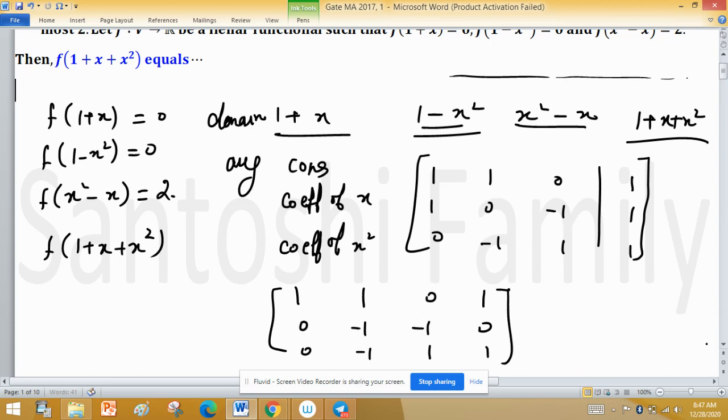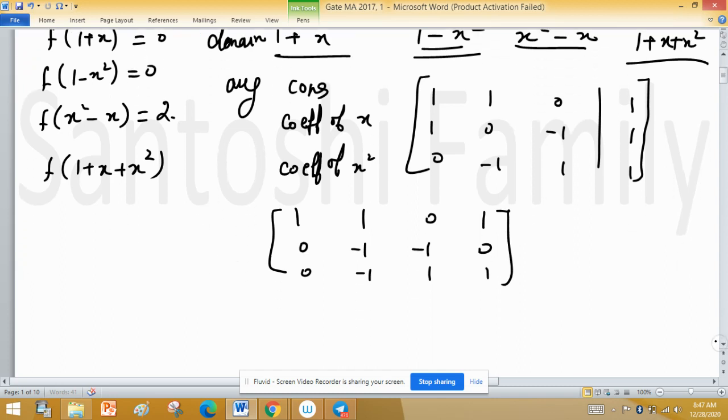Now apply elementary row operations again. It becomes 1 1 0 1, 0 minus 1 minus 1 0, and the last row 0 0 2 1.